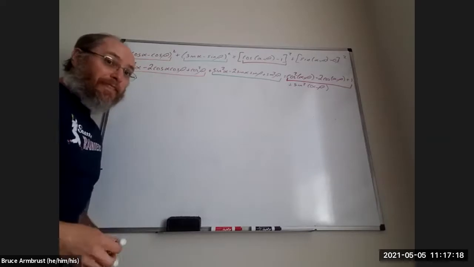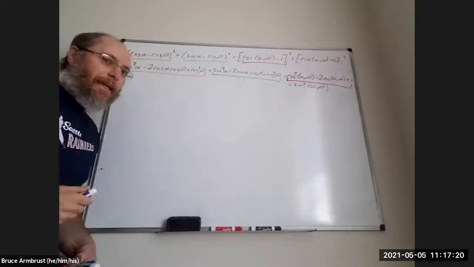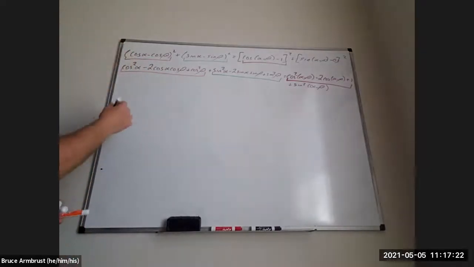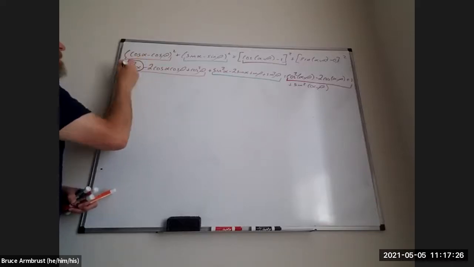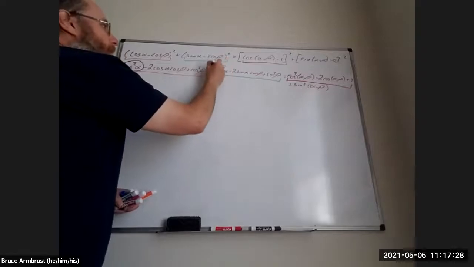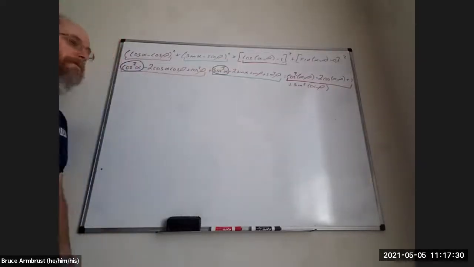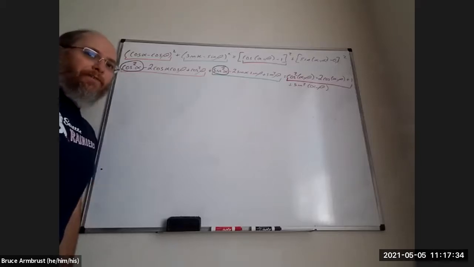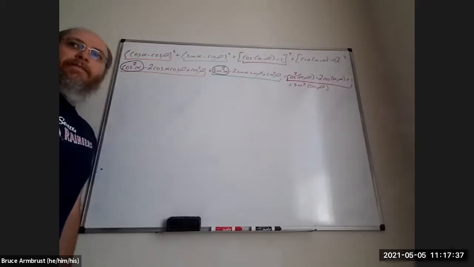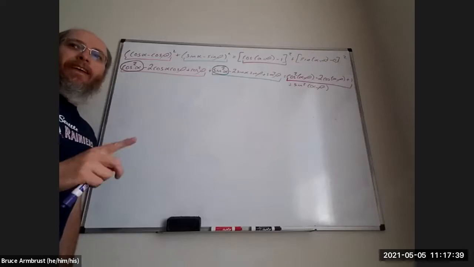But this is where it gets nice. Let me highlight a couple things for you. For example, there's a cosine squared alpha and a sine squared alpha. What do I get when I add those together? You get 1. All right, we get 1, and as Nicholas was doing this too, right?